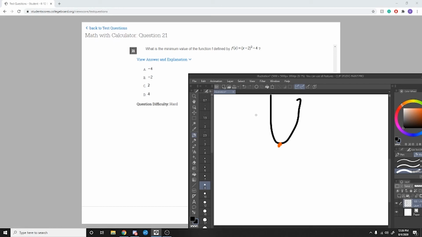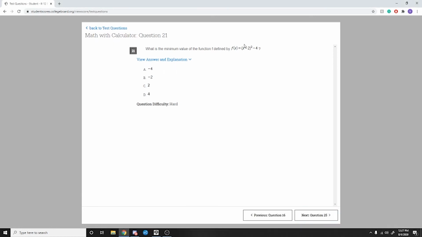And then it's negative 2, that means it's at 1, 2. And since it's at negative 4, the graph should actually be further down, like 1, 2, 3, 4. So this should be what the graph looks like. And minus 4, so we just know it's A. There's not much to it, you could do it like that. To see negative 4, minimum, lowest, there we go, negative 4, A.